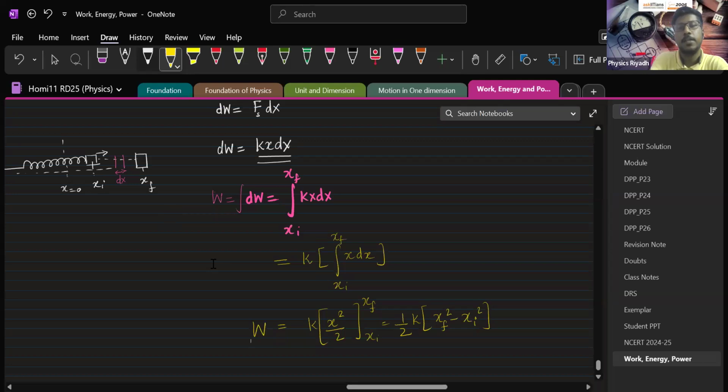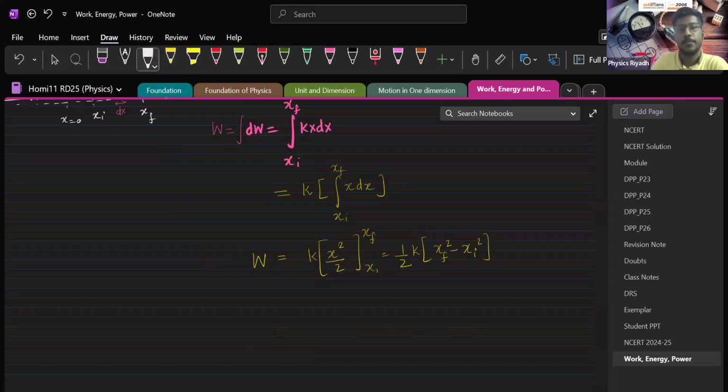Now if xi is taken to be the mean position, that is, if initially the block was at the mean position, then the work done in displacing the spring through a distance x will be equal to half k x squared.